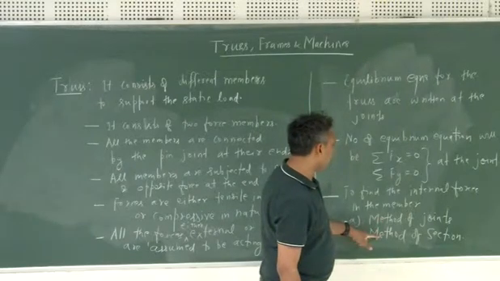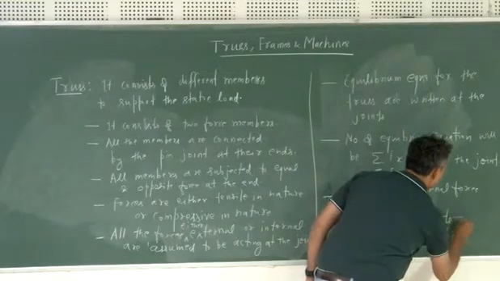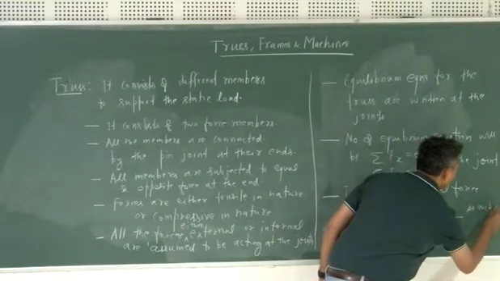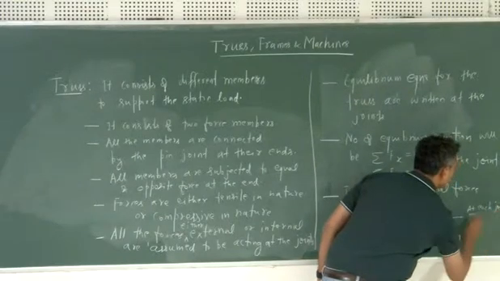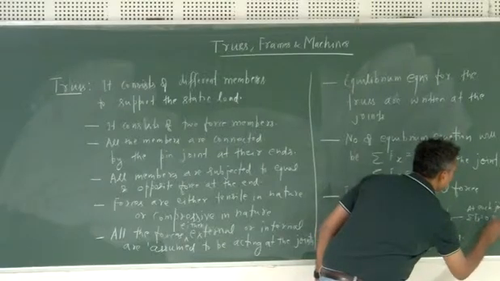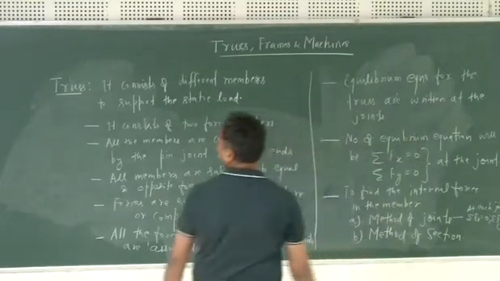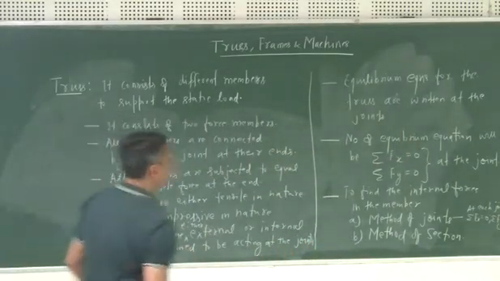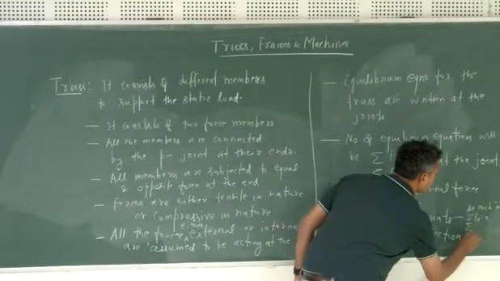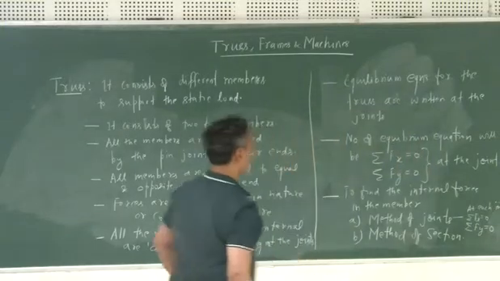Now when you apply method of joints, at each joint you will have to write summation of Fx equals 0 and summation of Fy equals 0.